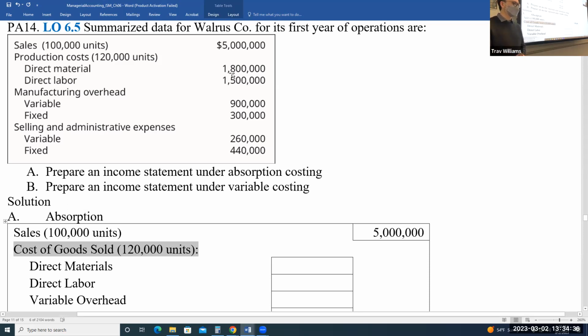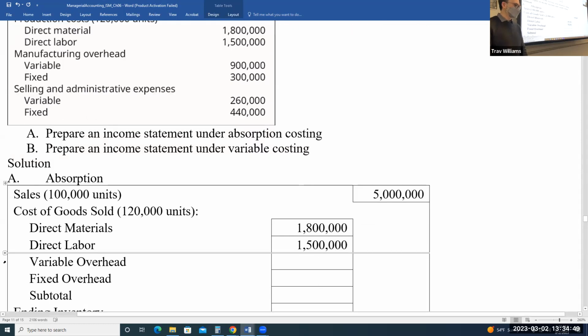The direct material they gave us is based on the 120,000 units that they produced. Same thing with the direct labor, and the variable and fixed overhead. Because we're doing absorption costing, fixed overhead is absorbed into our cost of goods sold. That's where the name comes from. So we put in the variable and the fixed manufacturing overhead.